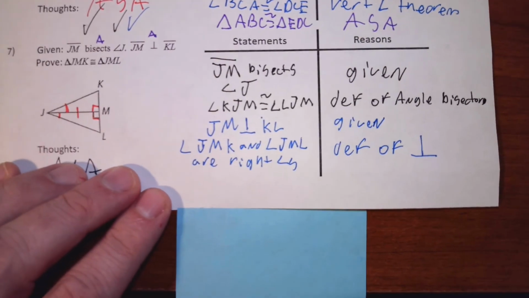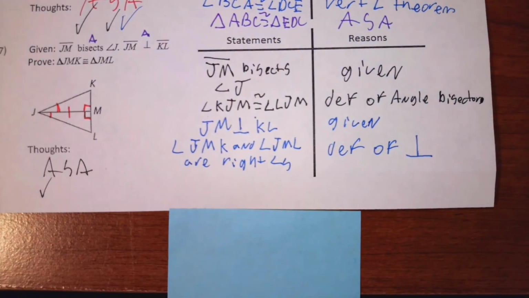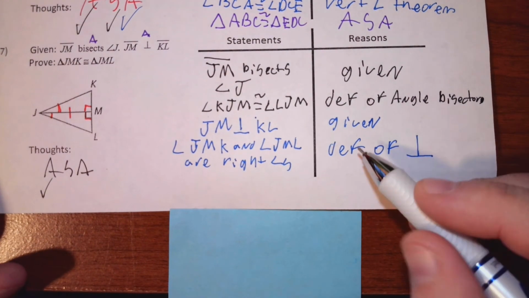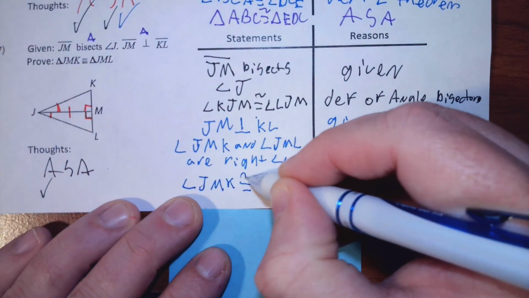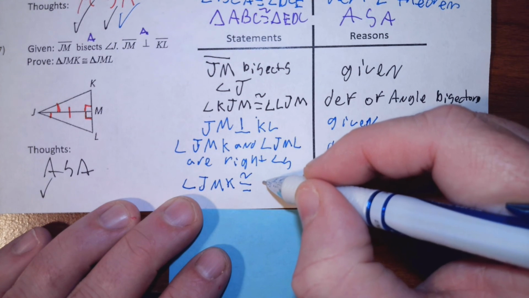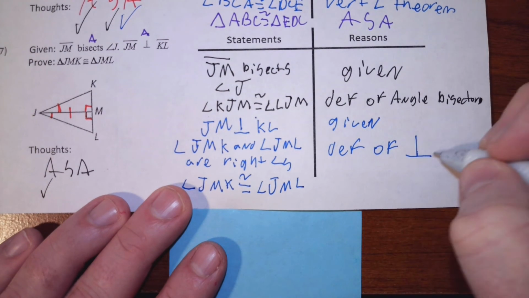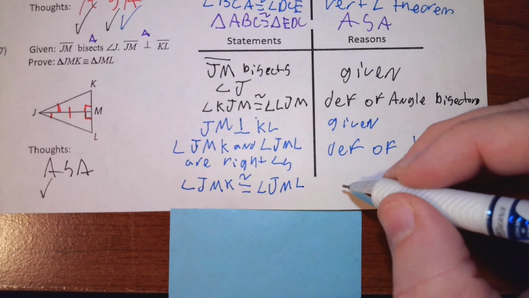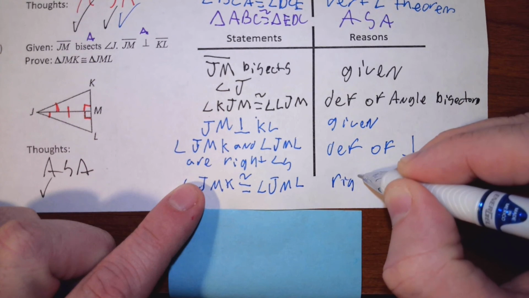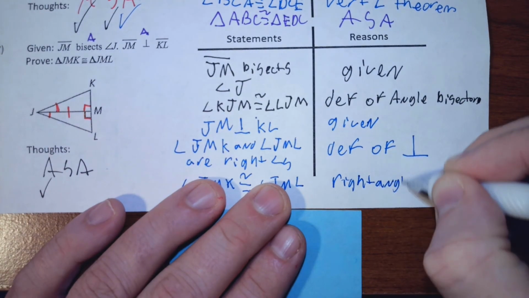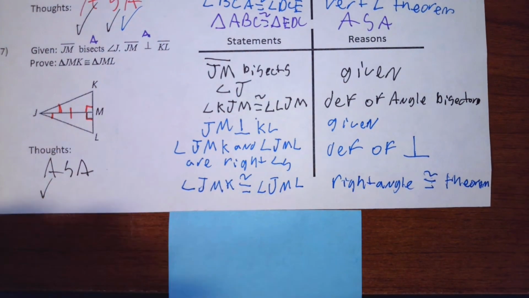That's the definition, and we're going to have to write JMK is congruent to angle JML, and that is because of the right angle congruency theorem, which means all right angles are congruent.